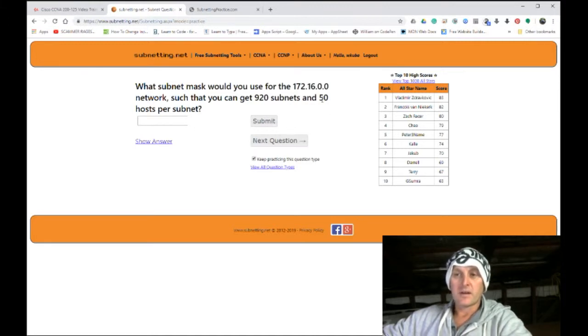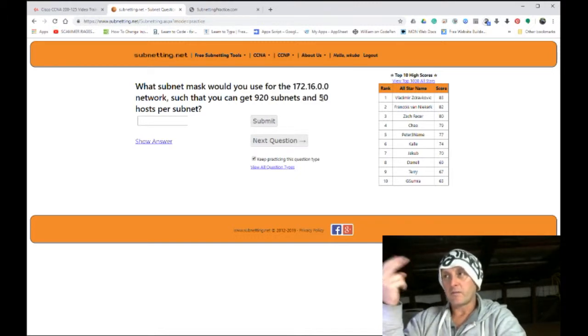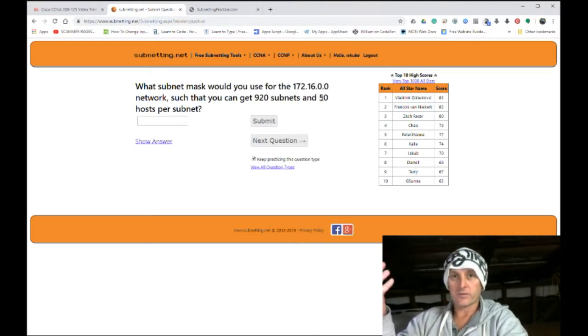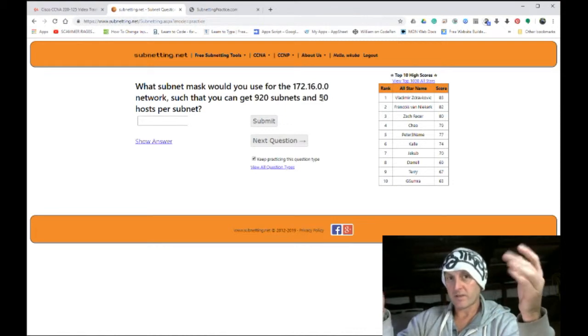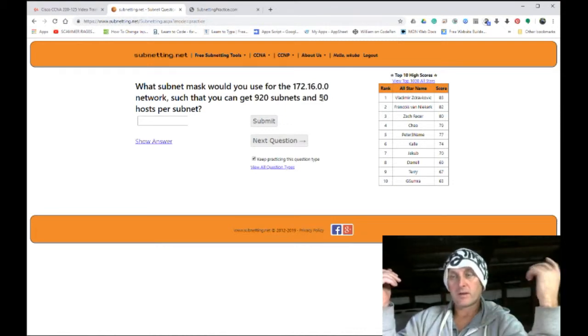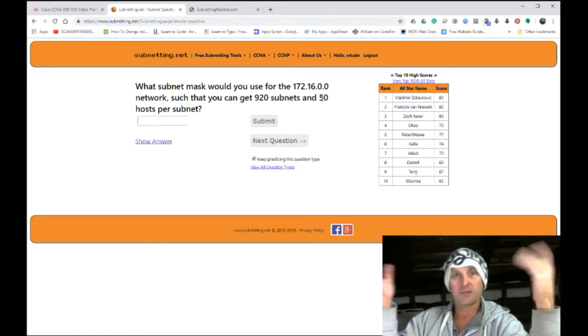The hosts go in block sizes of, say, you can have 2 hosts, 4 hosts, 8 hosts. No, this is a block size. You can have 2 hosts with a block size of 4. You can have 6 hosts with a block size of 8. You can have 14 hosts with a block size of 16. You can have 30 hosts with a block size of 32.